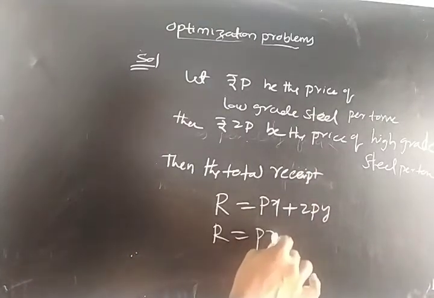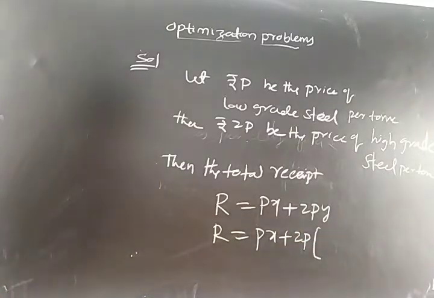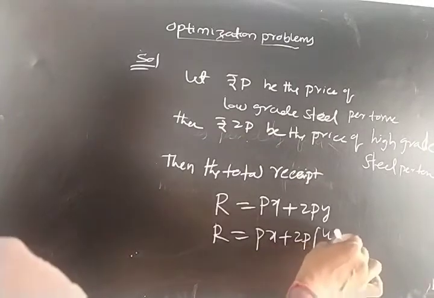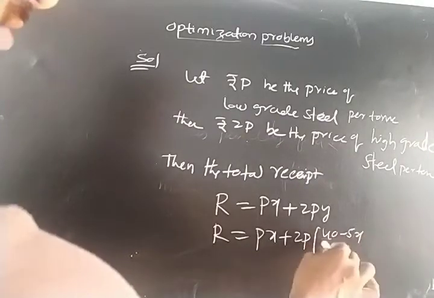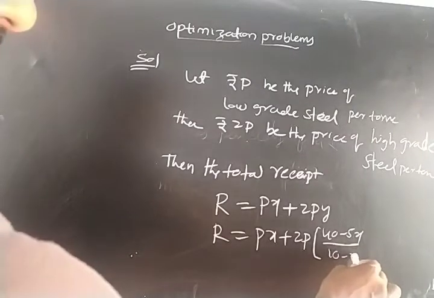Because we have the relation in Y and X. It is given in the question. What is given? That is Y equal to 40 minus 5x by 10 minus x.